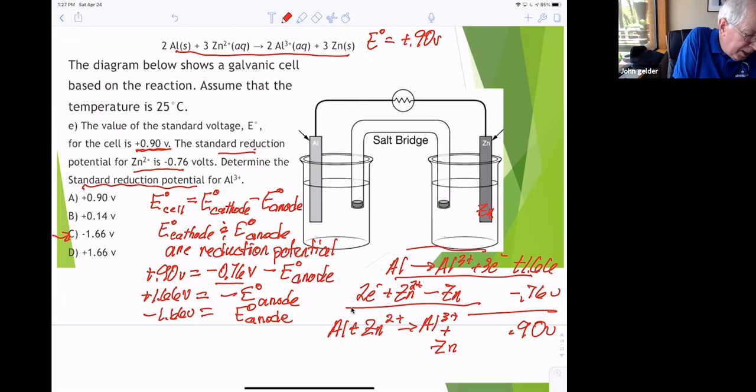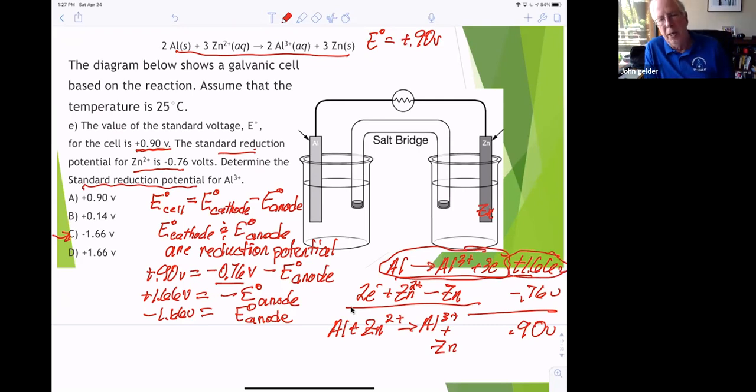We have to flip this half reaction, flip the sign from positive to negative. This is a very common question, either in a multiple choice or a free response environment, where students will get confused about the sign.